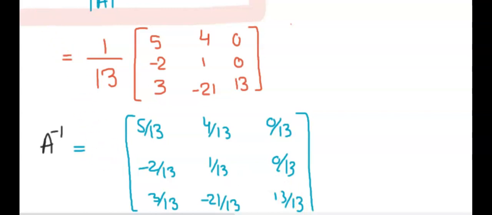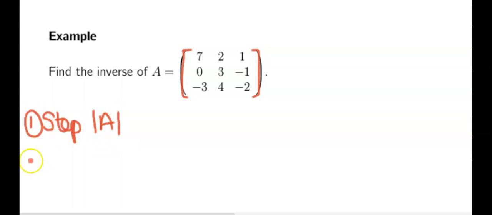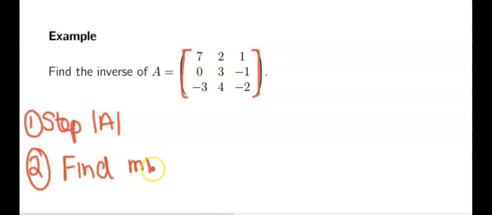So I will put some questions. Now let's imagine we are given the matrix A and we want to find the inverse. We follow the same steps. Step 1: find the determinant of A. Step 2 is find the minors, the long method.